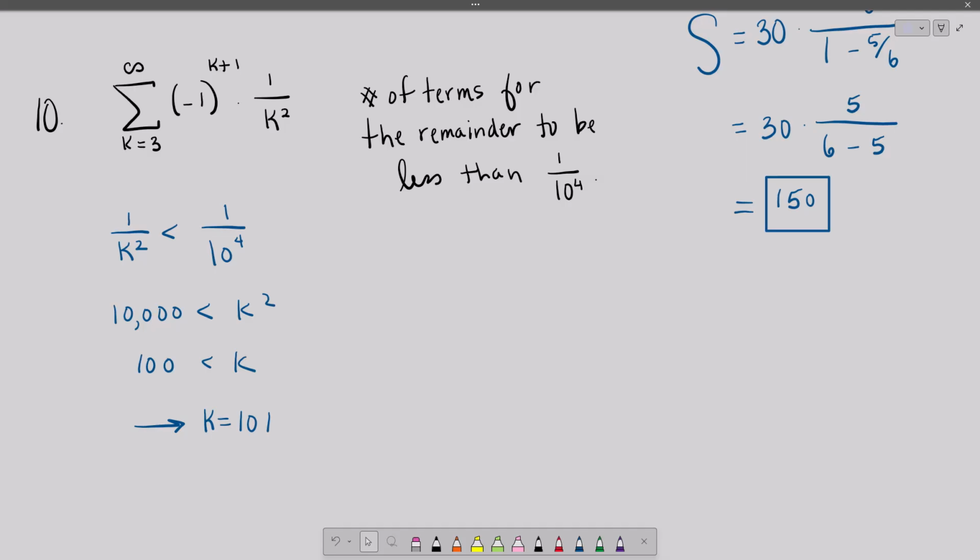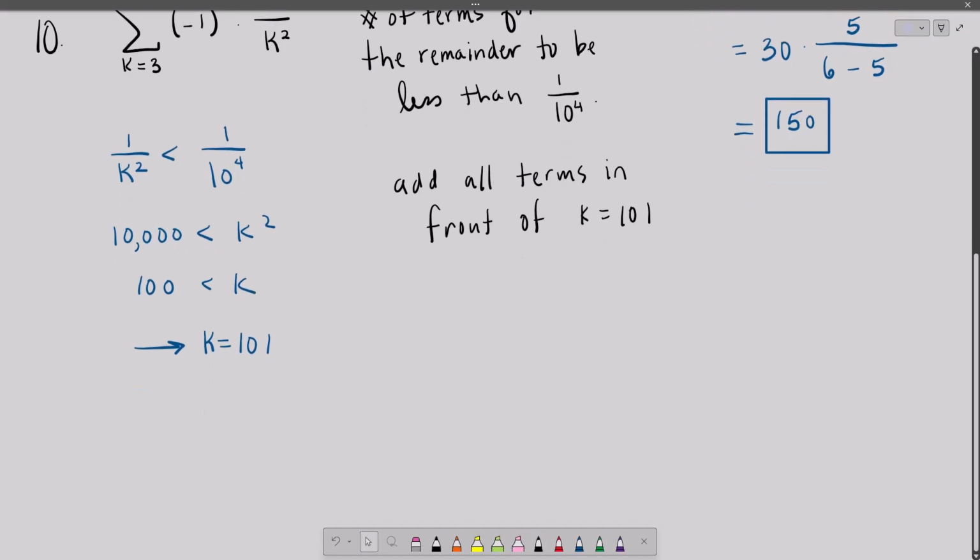The next step is the little straddle to figure out, okay, well, if k starts at 3, what does this mean? Here you can do it in several different ways. I like thinking of it this way. When k is 101, that's when this is less than 10 to the negative 4. So we want to add all terms in front of k equals 101, all the k's before 101.